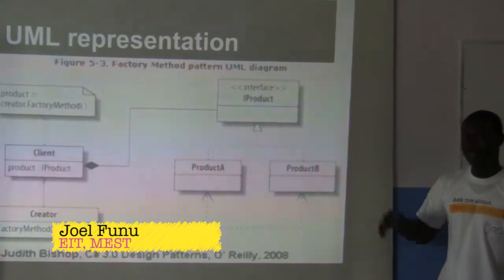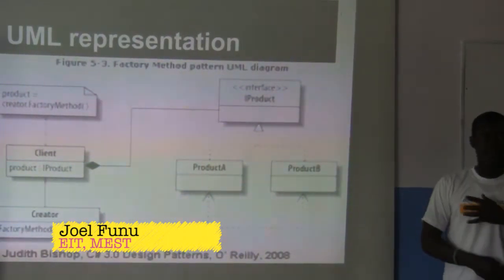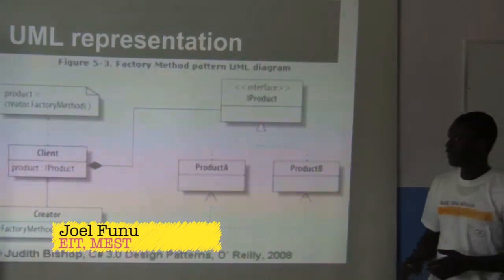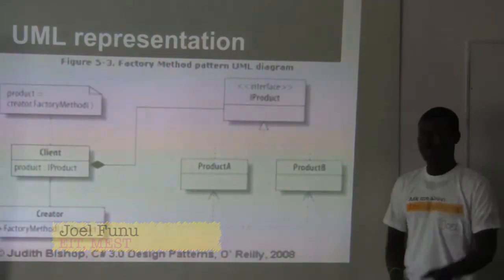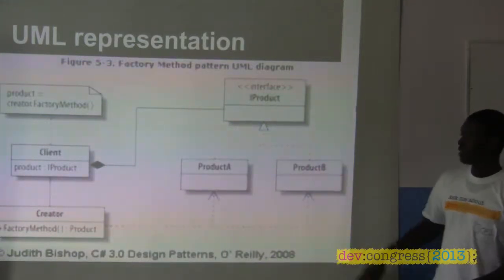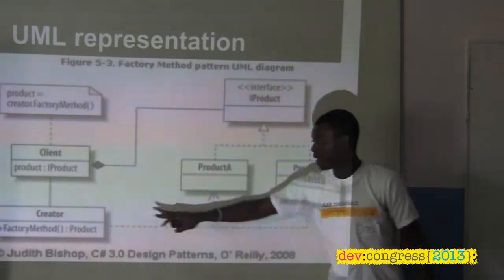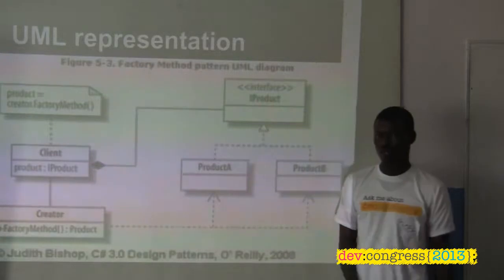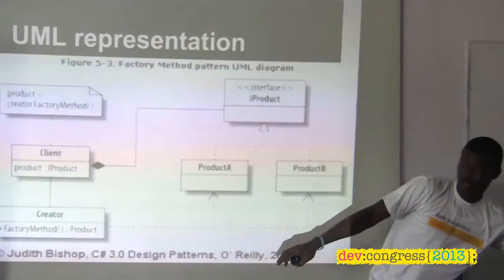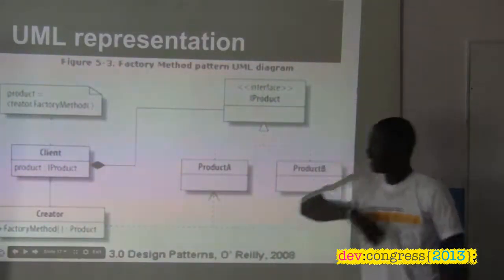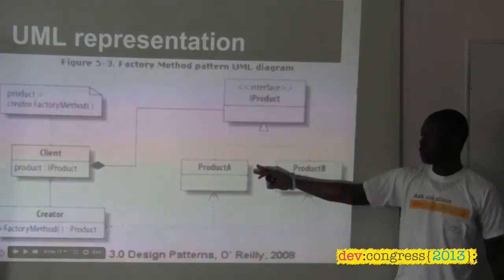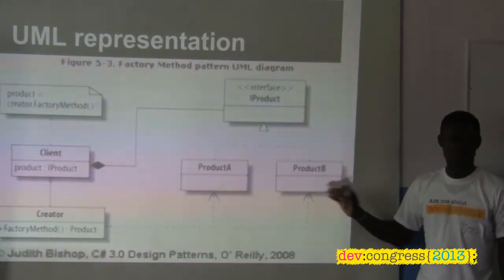That way you don't have to do a lot of if-else, checking if the product is product A then instantiate this, if it is that, instantiate that. All you do is pass whatever object you want to create to this factory, and then it automatically finds the object to create for you at runtime.